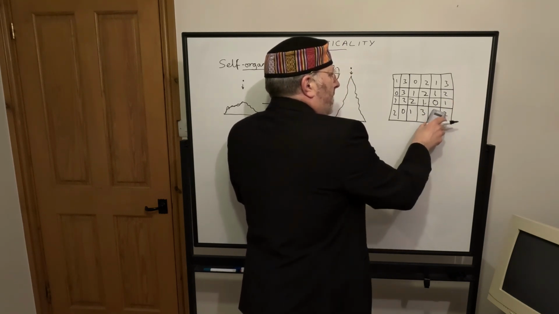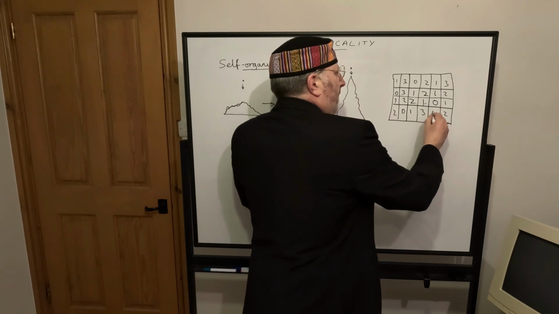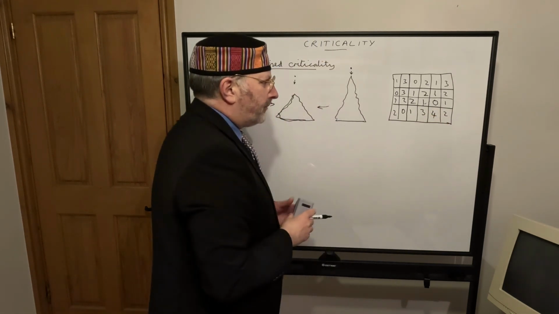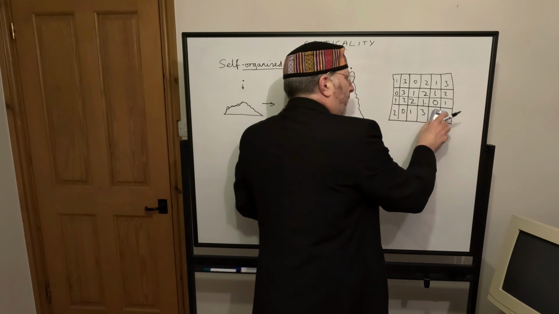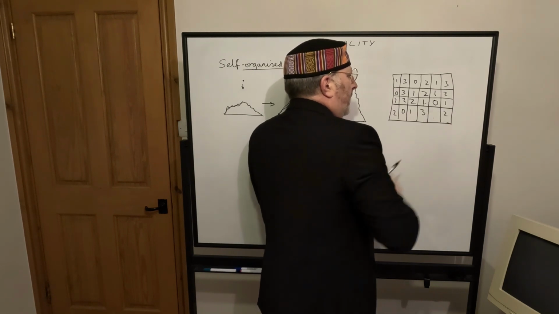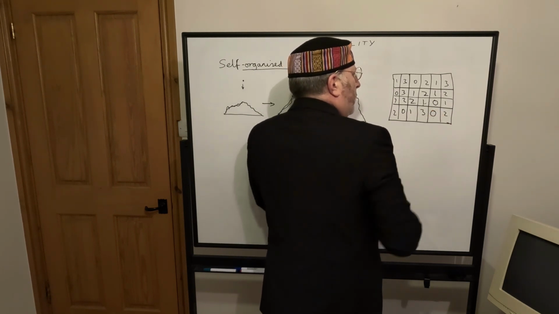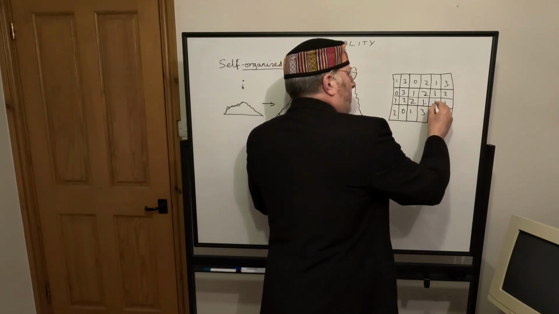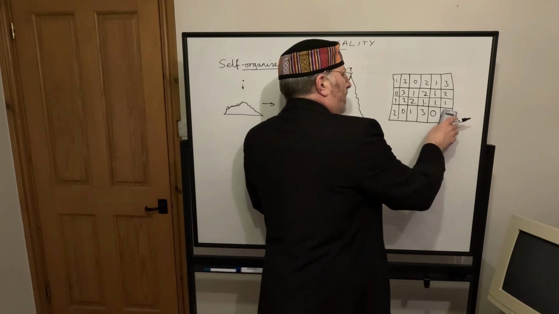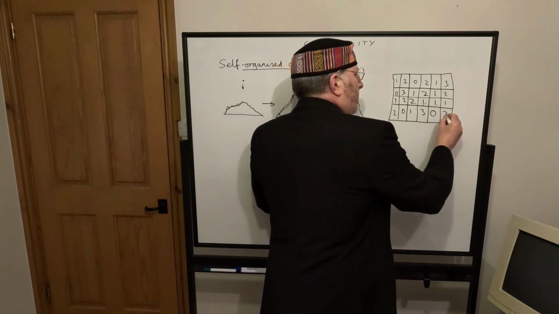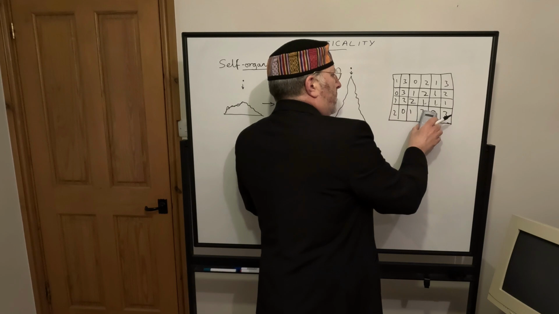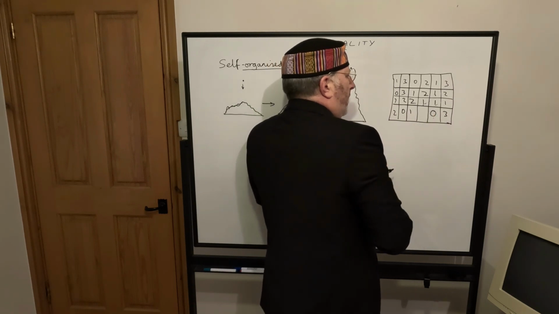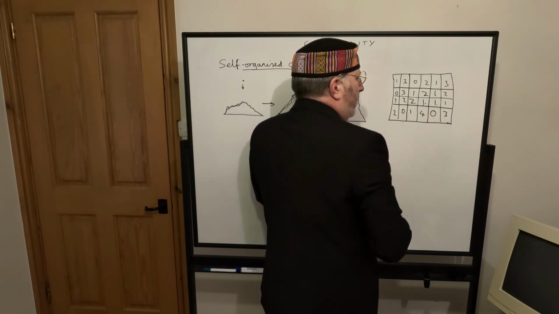And then this is 3, so that's gone to 4. So this will topple too. So that's back to 0, and we disperse north, south, east and west. So this was 0, goes back to 1. This one, which is 2, goes up to 3. And this one at 3 goes to 4. So that's going to topple.